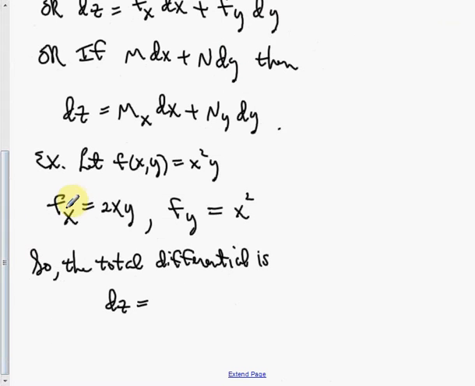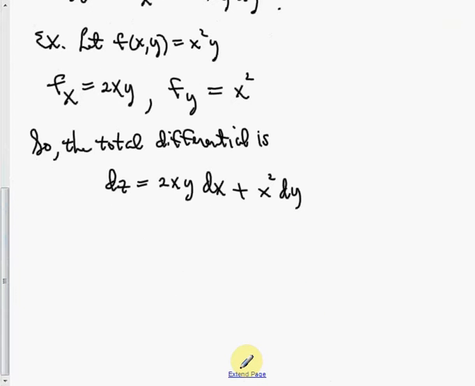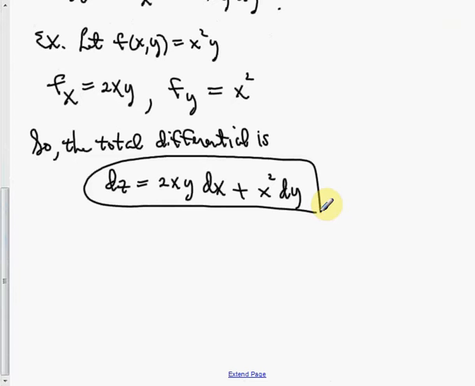So the partial of f with respect to x is 2xy dx, plus the partial of f with respect to y, which is x squared dy. So that's like the groundwork up under the water that's going on.